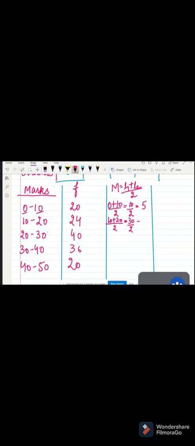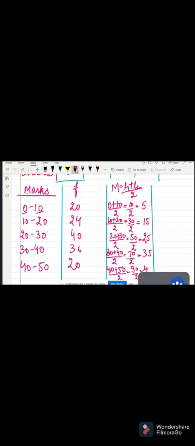So your mid value is 15. Next, 20 plus 30 divided by 2, that is 25. 30 plus 40 divided by 2, that is 35. Next, 40 plus 50 divided by 2, that is 45.